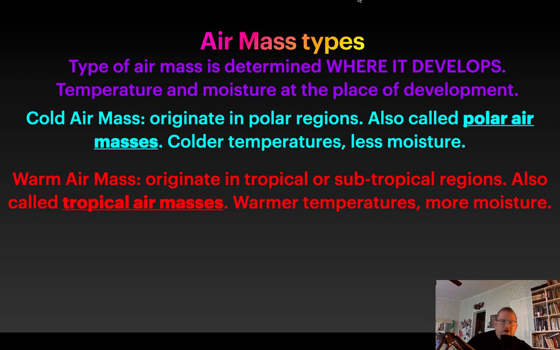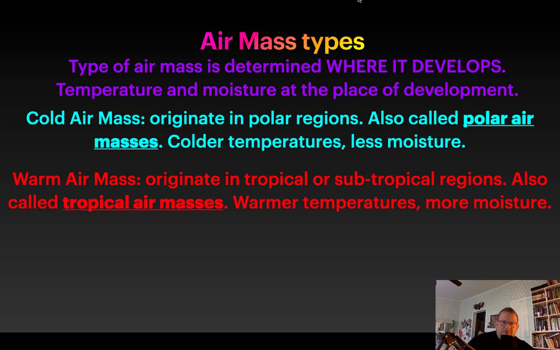Then you have your warm air mass, which we call a tropical air mass. It usually originates in the tropical or subtropical regions. Tropical would be around the equator. Subtropical would be Florida, Texas, between the Tropic of Cancer and the Tropic of Capricorn. Flashing back to our discussion on lines.